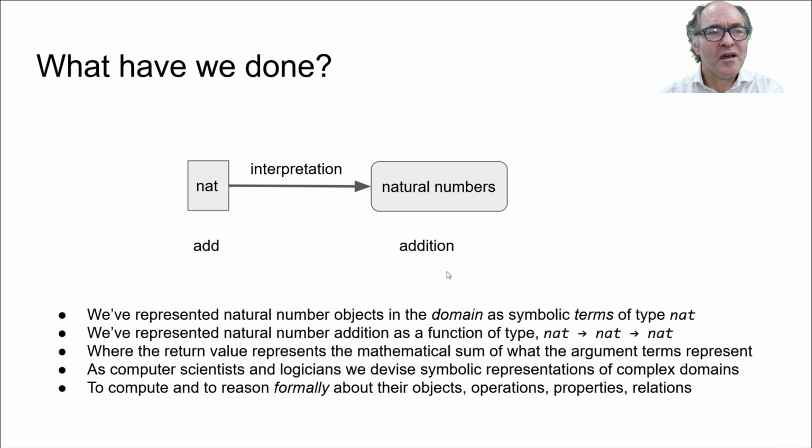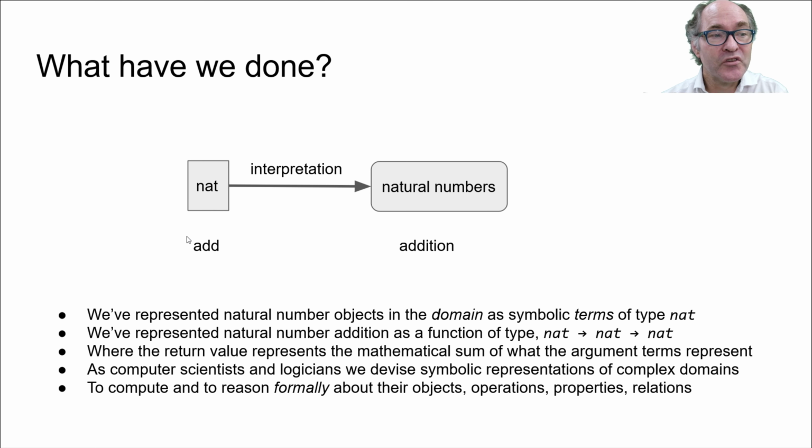We've defined a data type called NAT. We interpret terms of this type, such as 0, suc 0, suc suc 0, and so on and so forth, as corresponding to or meaning natural numbers in the imaginary conceptual world of mathematics. And we've defined a function add that operates on values of type NAT.